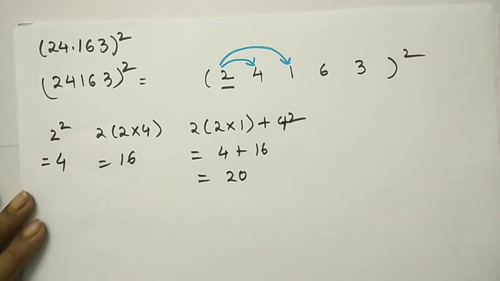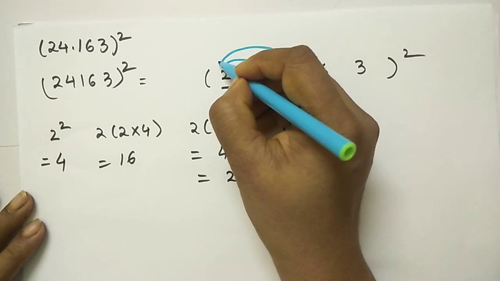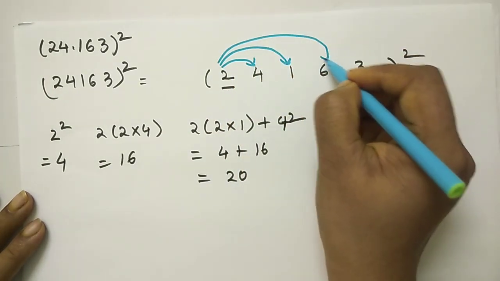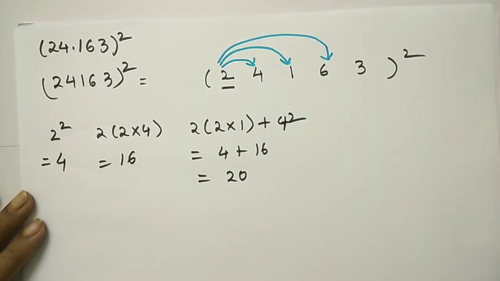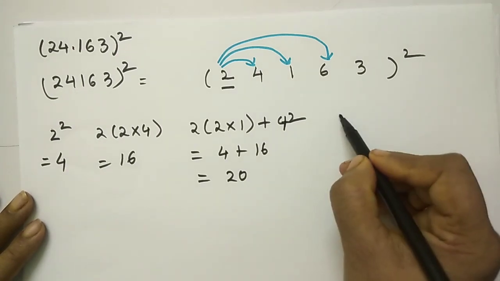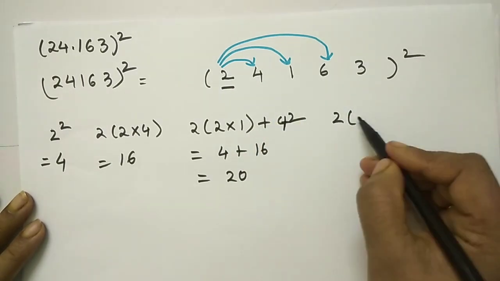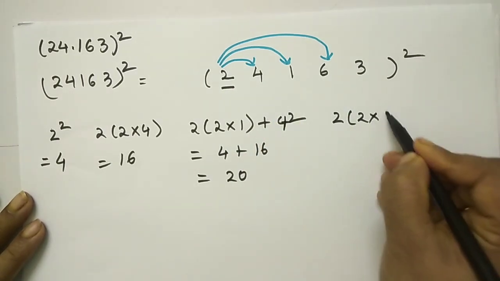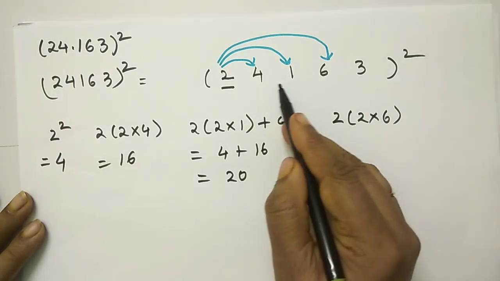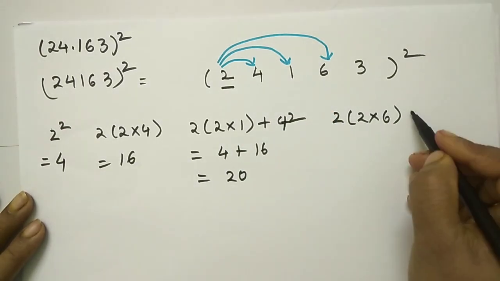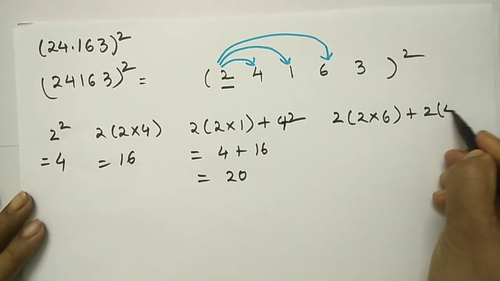Next you have to calculate the product of 2 into 6. In the middle you are having 2 numbers, so 2 into 4 into 1.